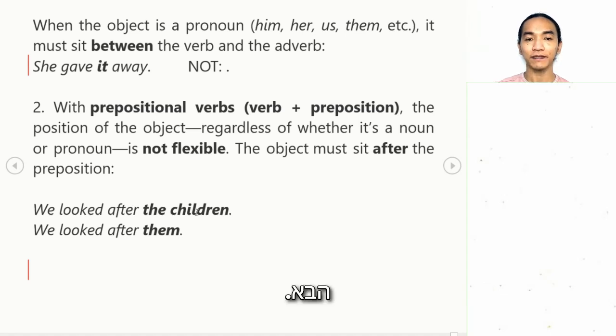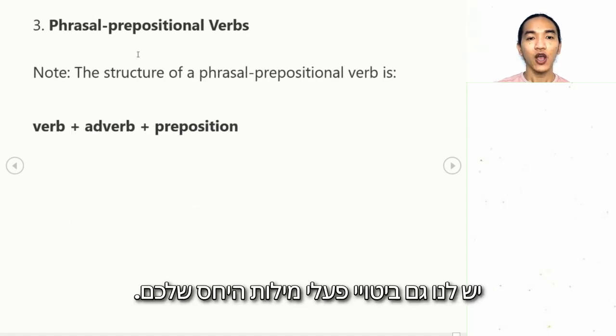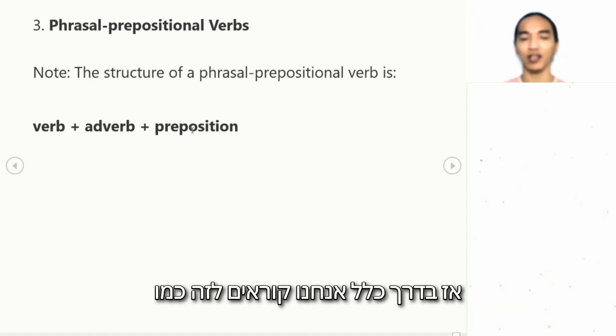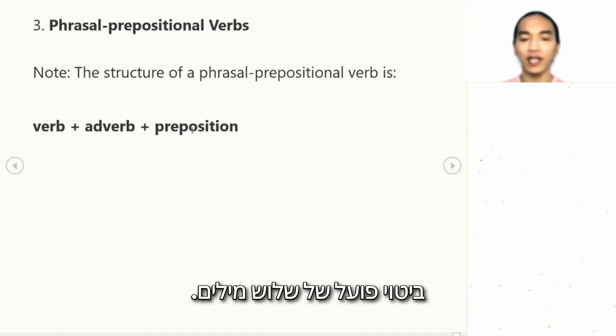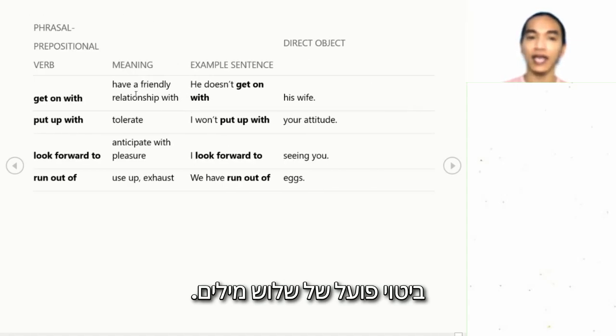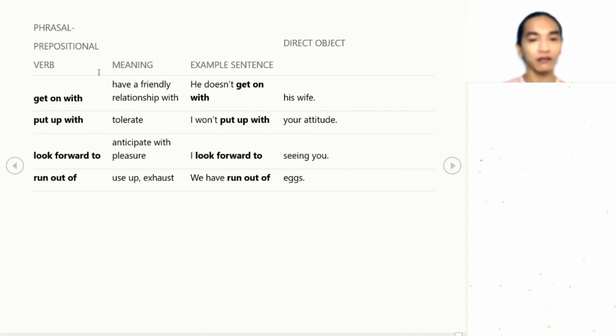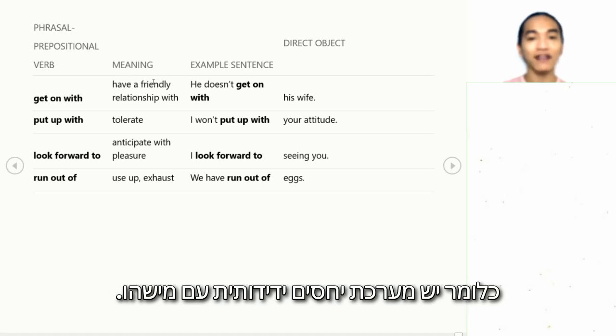Next one. We also have your phrasal prepositional verbs. So the structure is you have the verb, an adverb, and preposition. Normally we call this one a three-word phrasal verb. For example, get on with, which means have a friendly relationship with someone.